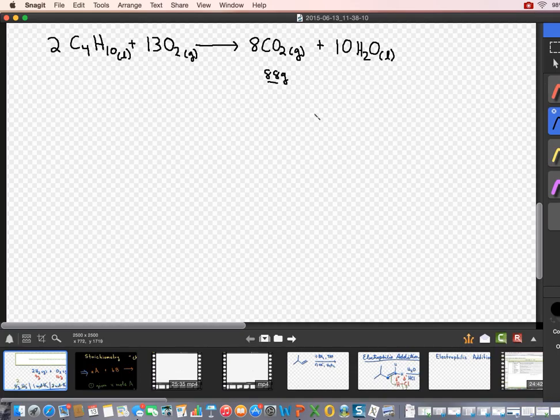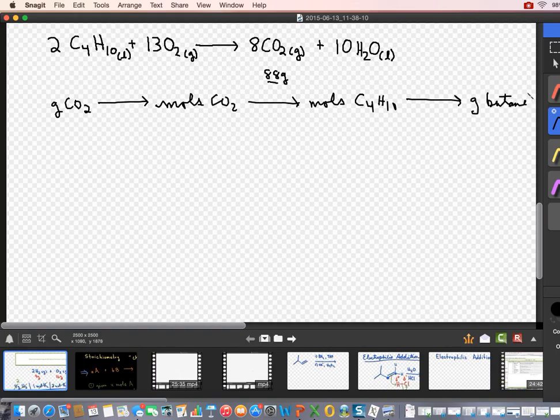So our strategy will be to go from grams of CO2 to moles of CO2 to moles of butane and finally to grams of butane. This is a 3-step process.